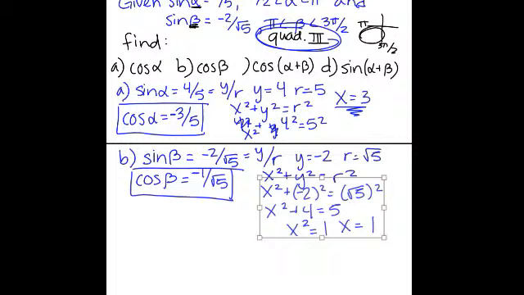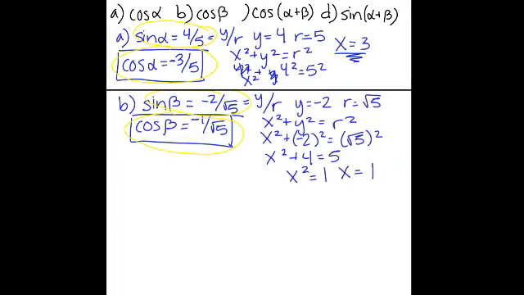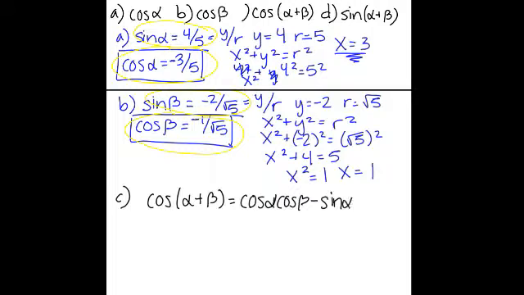So now you guys can see that you should have your sine of alpha, your cosine of alpha, your sine of beta, and your cosine of beta. So now when I go for C and D, I have everything that I need. For C, it wanted cosine of alpha plus beta, which I know by my formula is cosine alpha cosine beta, minus sine alpha sine beta. So cosine alpha was negative 3 over 5.